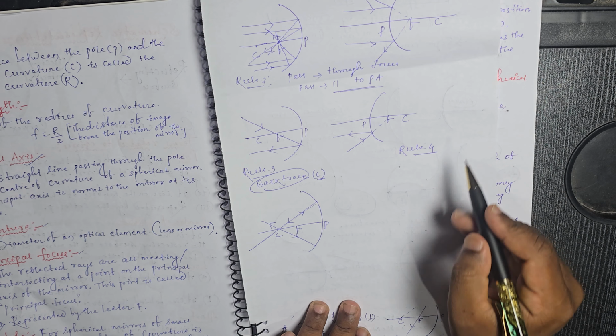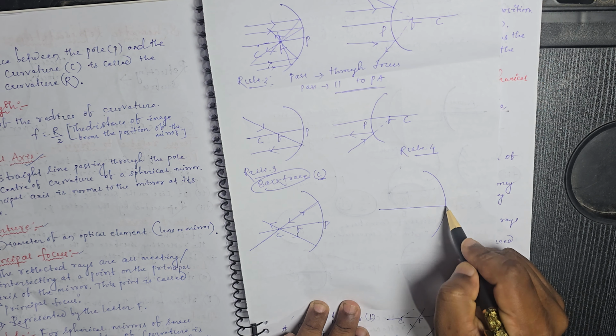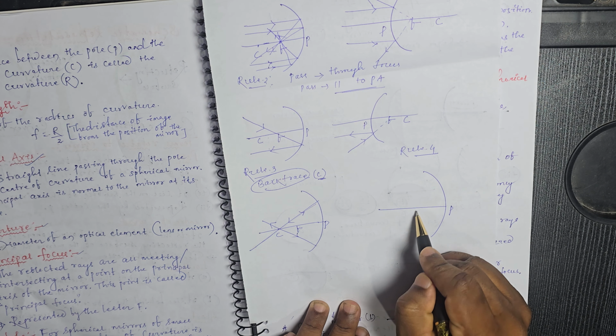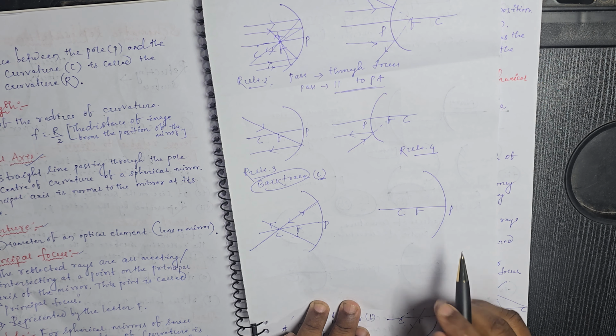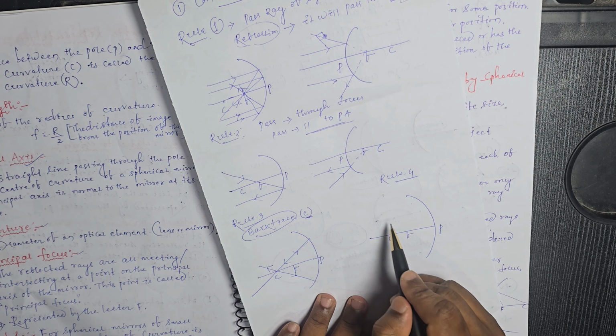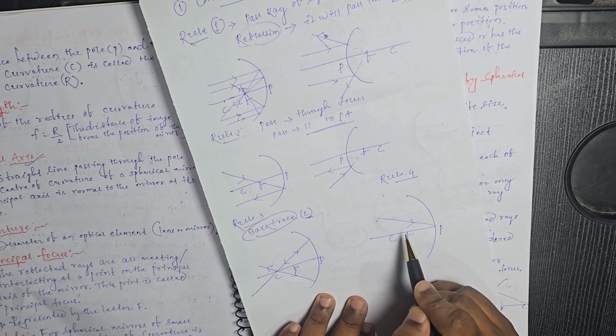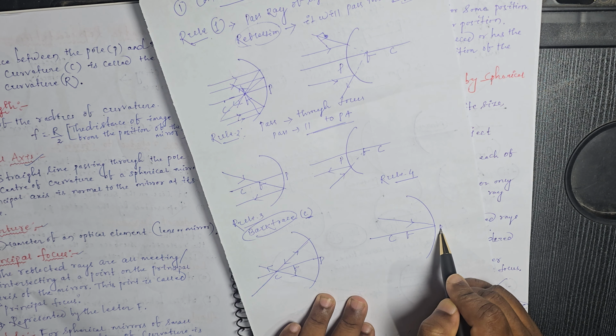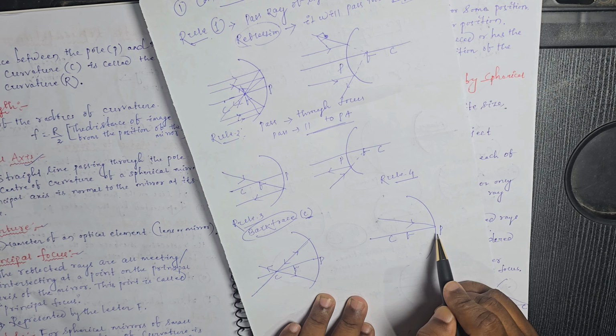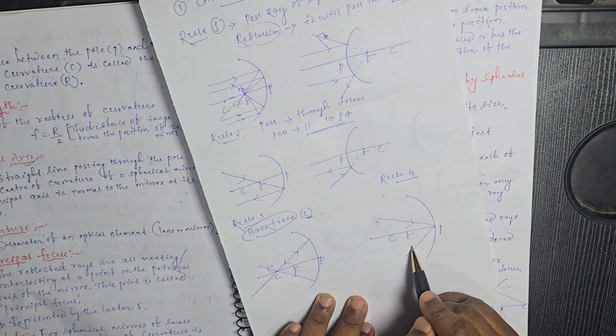Now coming to rule number 4. Pole, focus, center of curvature. Clear? If you pass a ray of light obliquely towards pole, then it will bounce back or reflect obliquely through the pole.